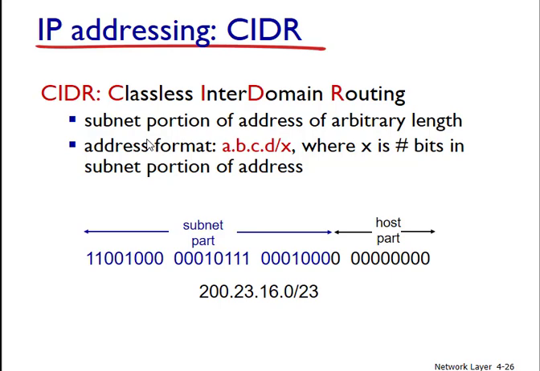This led to a rapid depletion of the Class B address space and poor utilization of the assigned address space. If there are 65,534 host addresses available in a Class B and the organization is only using 2,000 hosts, that means that 63,534 host addresses, valuable limited number IP addresses, are being wasted.